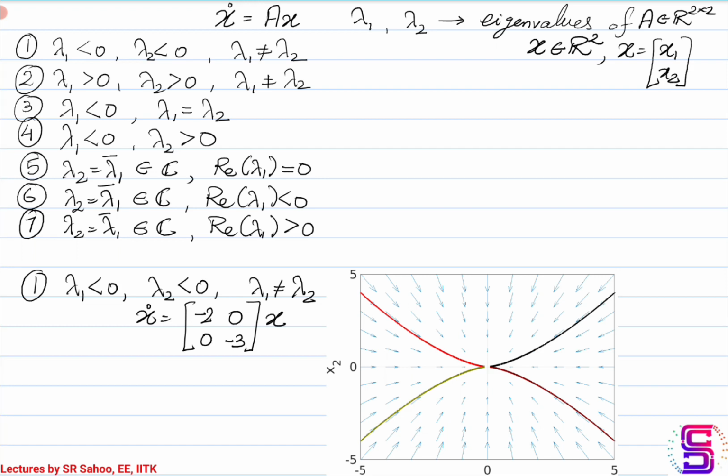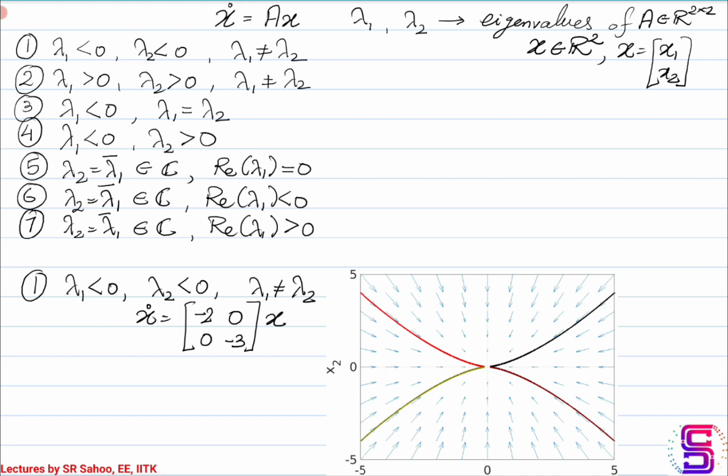The last three cases, which are cases 5, 6, and 7, pertain to eigenvalues when they are complex. Since we have a real system in hand, A is a real 2 cross 2 matrix. If one of the eigenvalues lambda 1 is complex, then lambda 2 will be the complex conjugate of lambda 1, so they will occur in complex conjugate pairs.